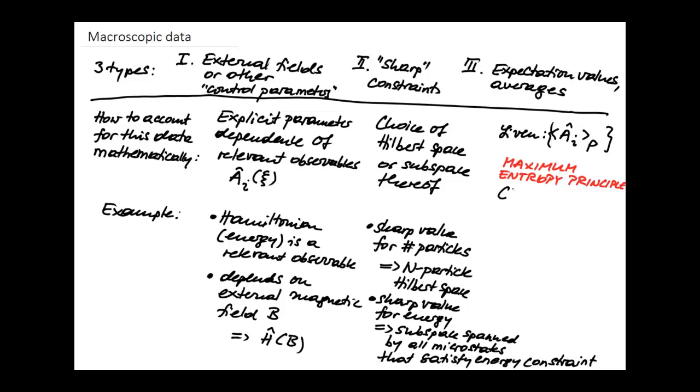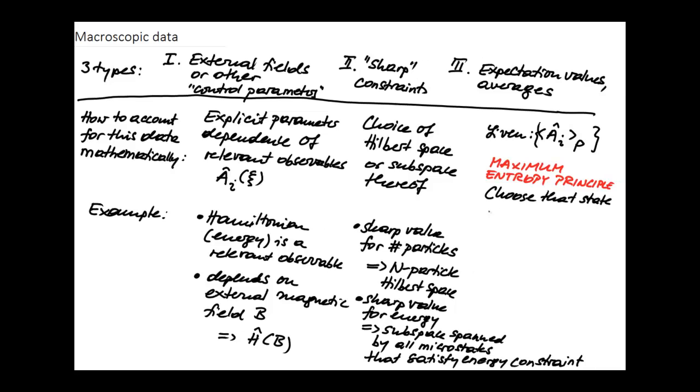It says, choose that state, i.e. density matrix rho, which carries the least information about the microstate, while still being compatible with the macroscopic data that you are given. So it should still reproduce the correct expectation value that you are given as macroscopic data. But under this constraint, it maximizes the entropy and hence minimizes the information it carries about the microstate.